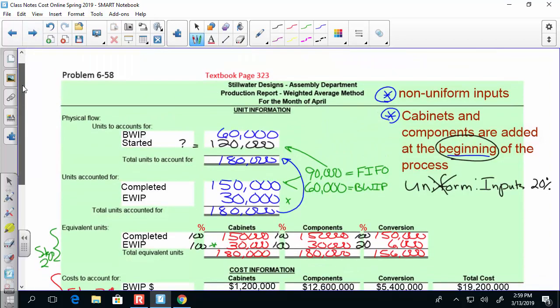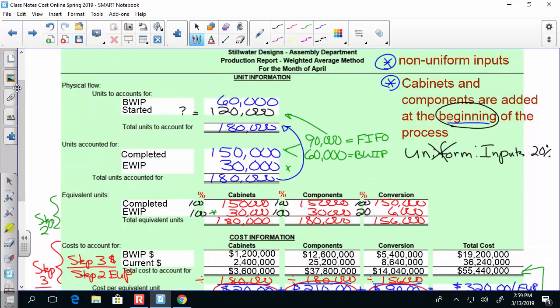Problem 58 is another example, again weighted average. I make notes. I'm hoping they're pretty clear here, guys. Starting with step 1, we don't have to worry about uniform or not uniform. It's the same, right? It's 180,000. But in this particular example, I had to figure out the starting units. I didn't know it at this point.